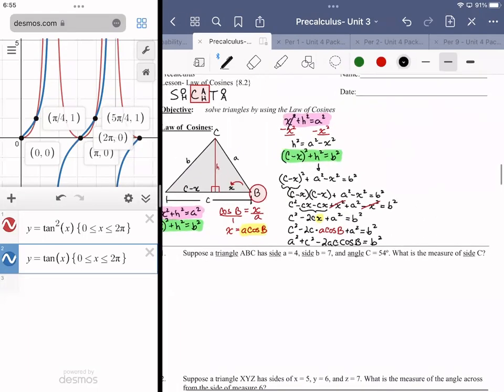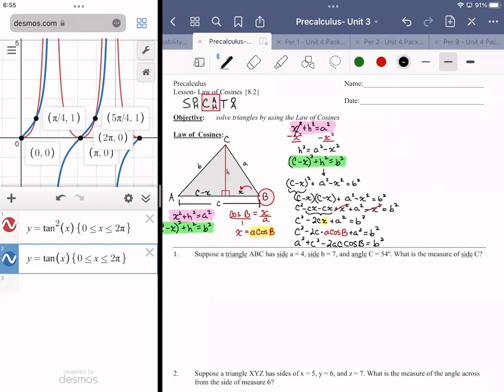There's actually three versions, but we just, using algebra, discovered one of them. The whole idea is that you would never want to have to do this every single time. You'd rather just jump right to the formula that's going to give you your answer. So the law of cosines, it's actually the laws of cosines. There's three of them. I'll say rules.